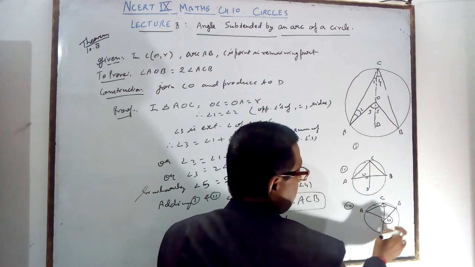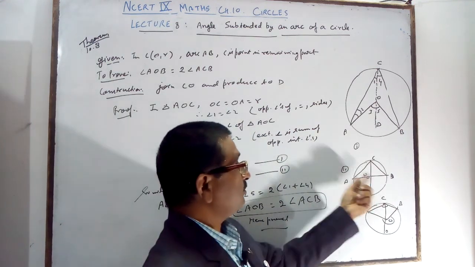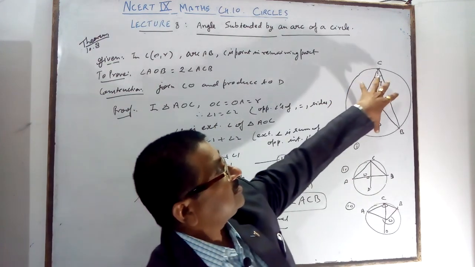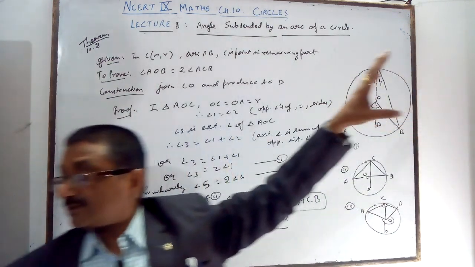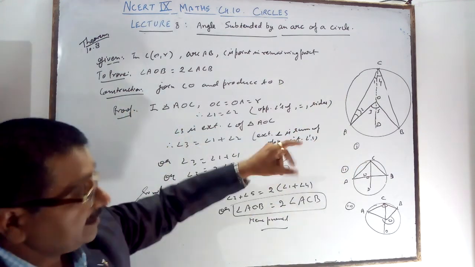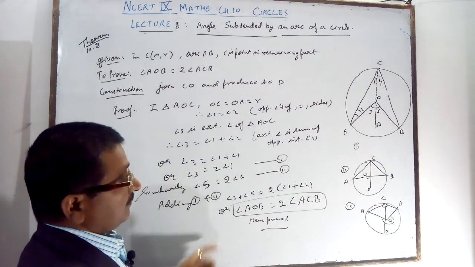Reflex angle AOB is twice ACB. Here straight AOB is twice ACB. So in all the cases it is the same process, but only this figure you will draw minor. You will get the minor arc and minor angle. So you are getting all this.